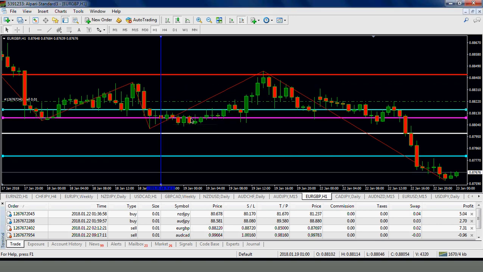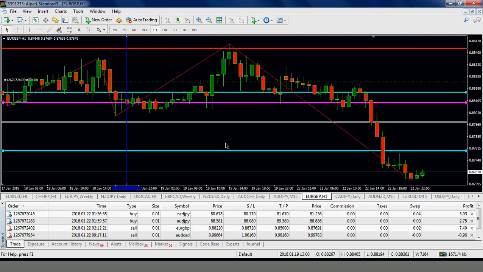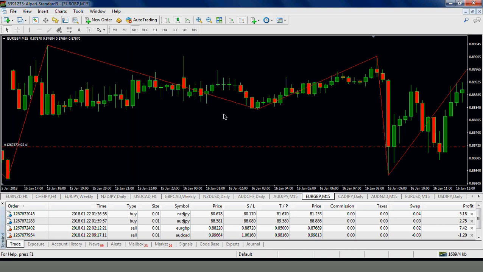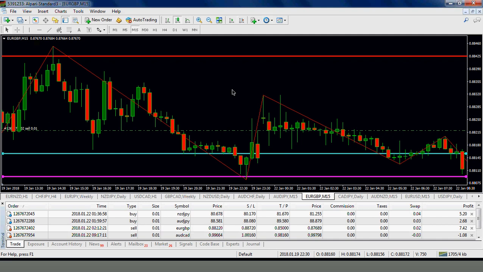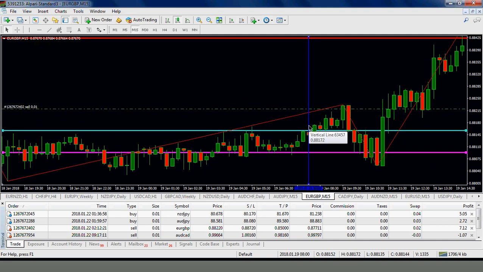So we have a pivot for 1 hour, then we have a pivot for 4 hours. So we go to 15 minutes and wait for the market to break above the 4 hour pivots. You can see this is what we have here. The candlestick broke. So at the close of this candlestick, we enter a buy trade.